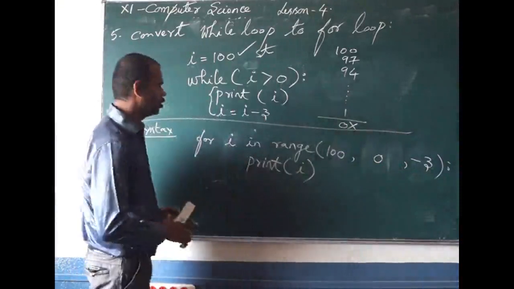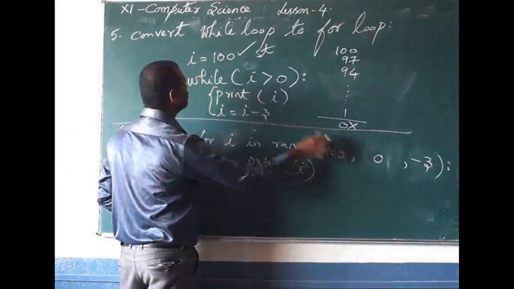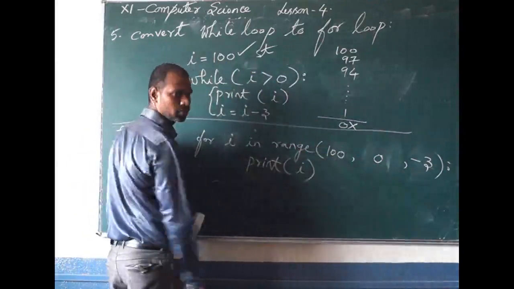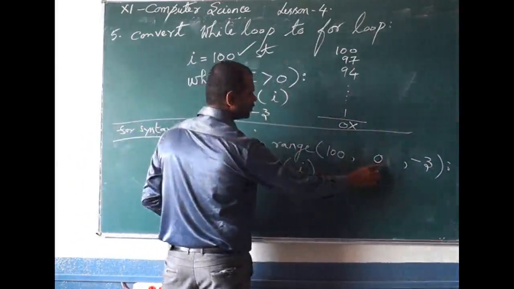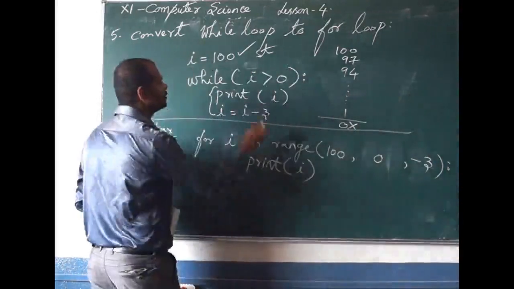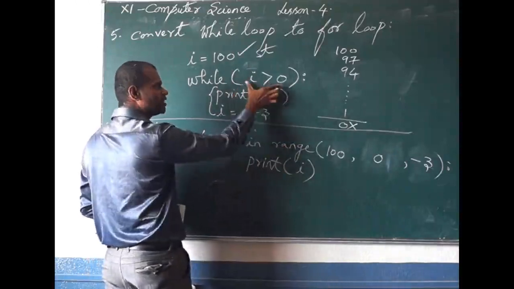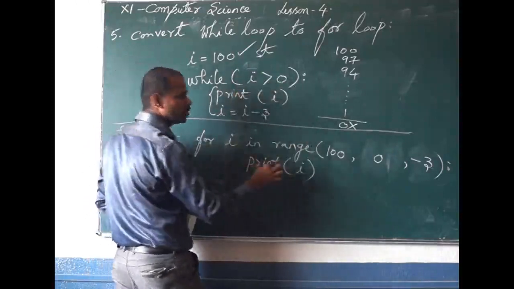So in the variable place you have to write I. The starting value you have to give 100. Then it is decremented by 3, so here you have to do minus 3. Since the condition should be greater than 0, the stopping end should be 0.